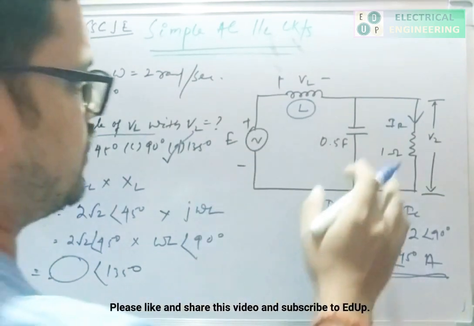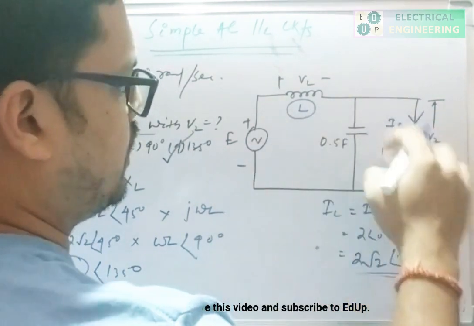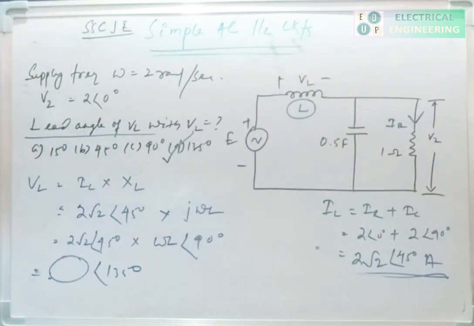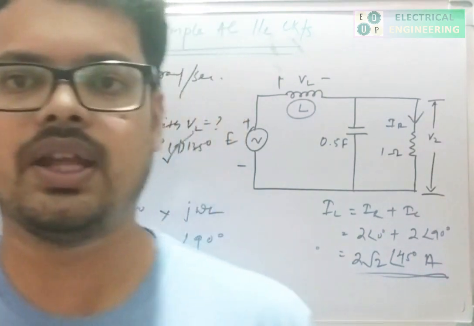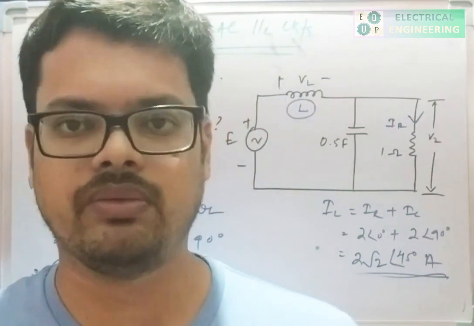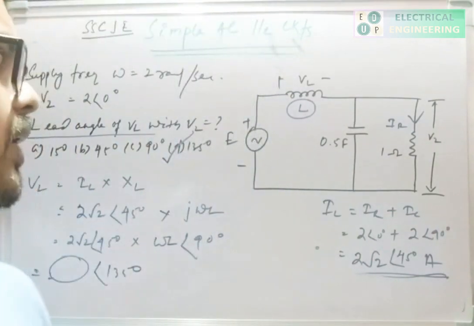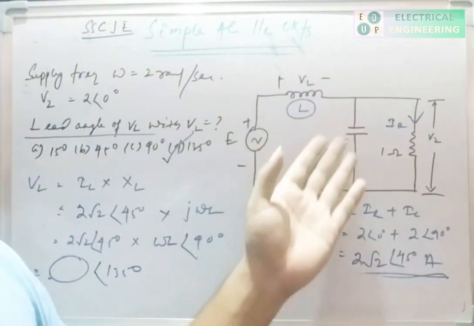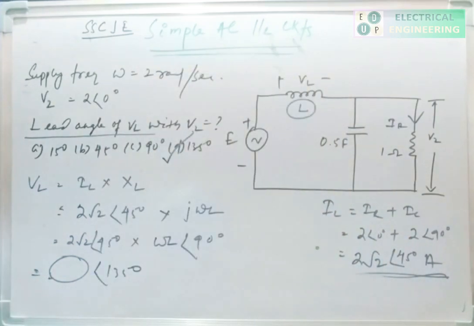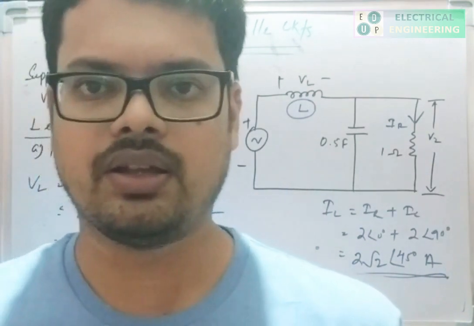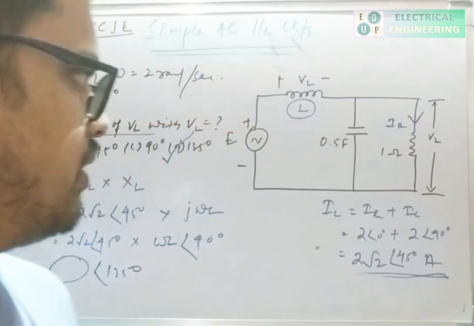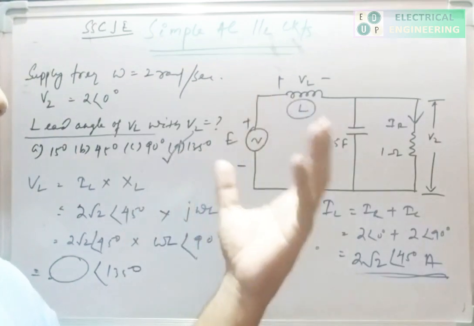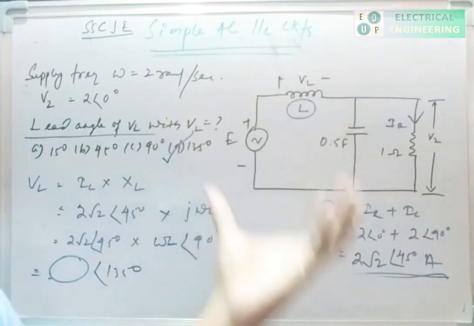Convert the resistance value, inductive reactance value and capacitive reactance value into polar form or complex form, then do the sum. Then do the numericals, it will be easier. So just practice how to convert these reactance or impedance values into polar form or complex form, then try to solve the questions. It will be easier for you, and you can do any question similar to these.